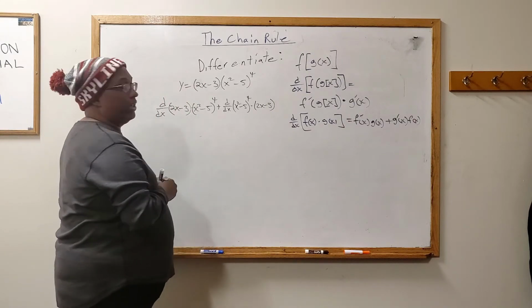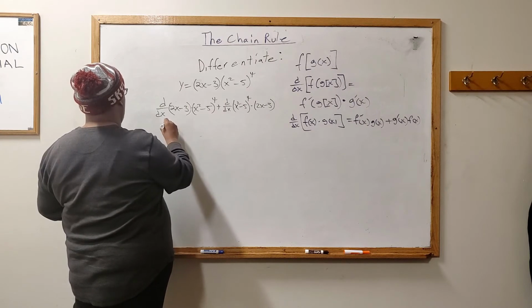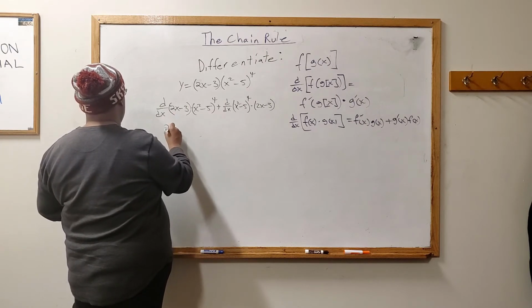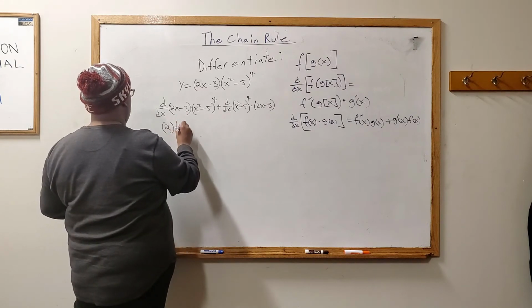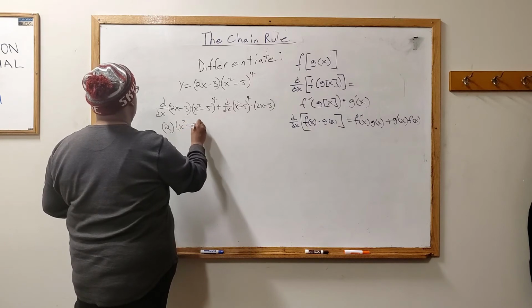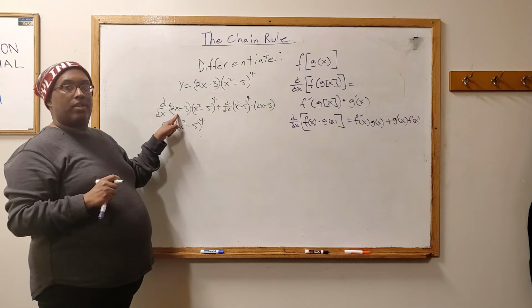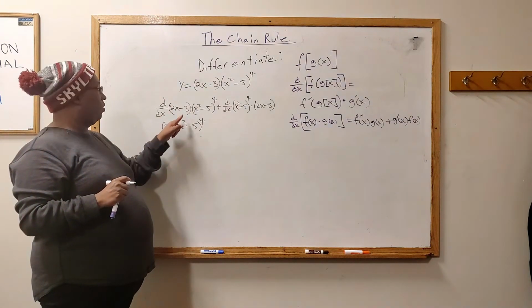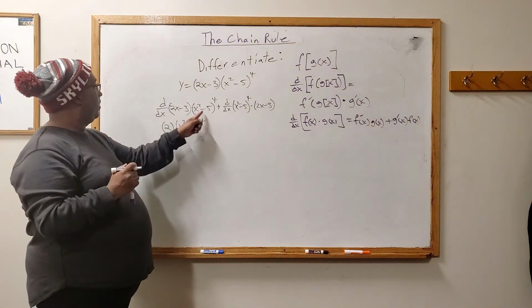Okay, so we can do this. Take the derivative of this one, that gives us just 2 times this. Again, this one, the derivative of x is 1 times 2 is just 2. The derivative of negative 3 is 0. It's gone. And we just bring this one down.